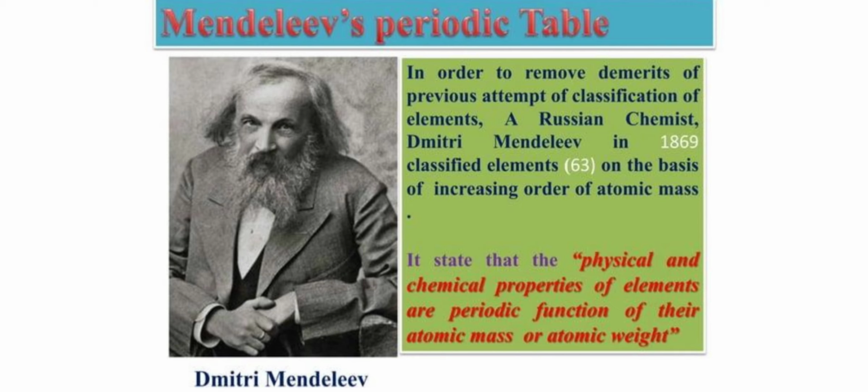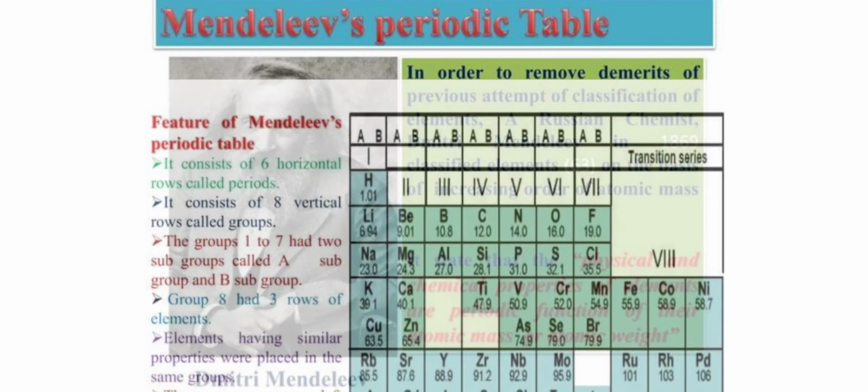He stated that the physical and chemical properties of elements are a periodic function of their atomic mass. Comparing the elements' physical and chemical properties with their atomic mass, he classified them, so he also failed once again.